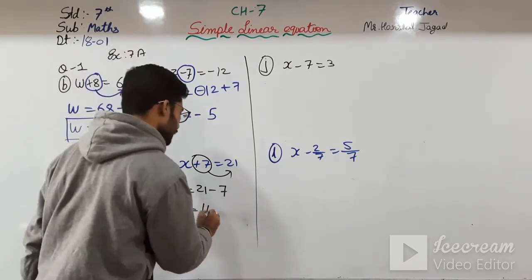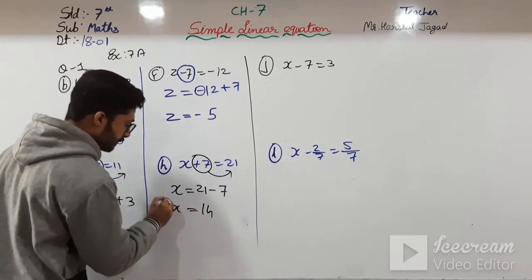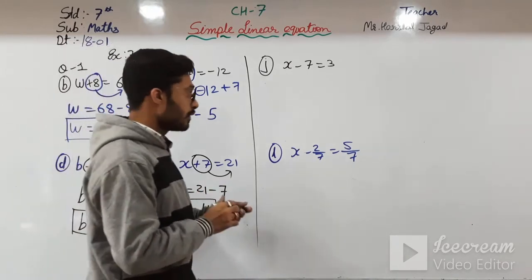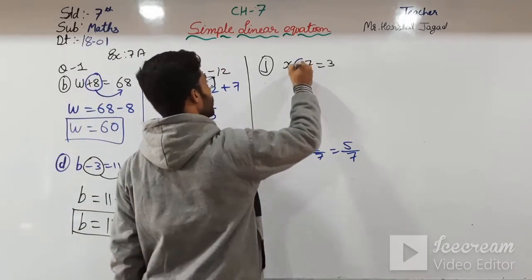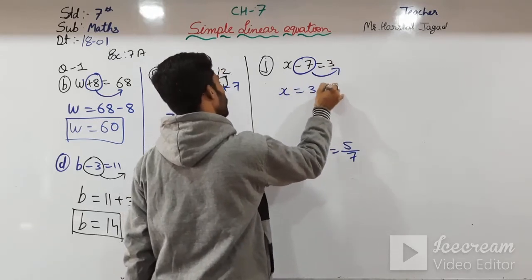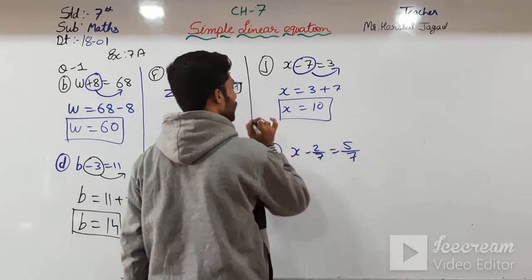It will be 14. Okay, X is equal to 14. Now, moving further towards this one, and here you can see X is equal to 3 plus 7, then X we will get, that is 10.